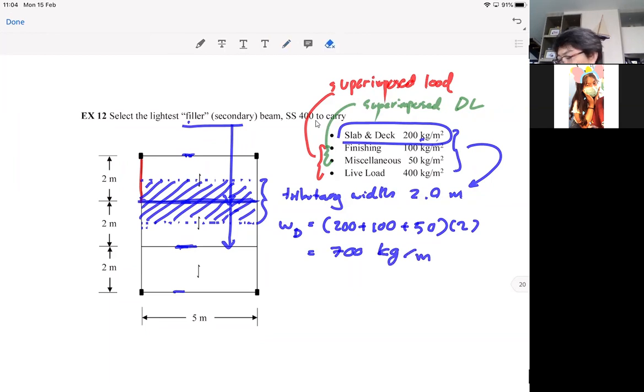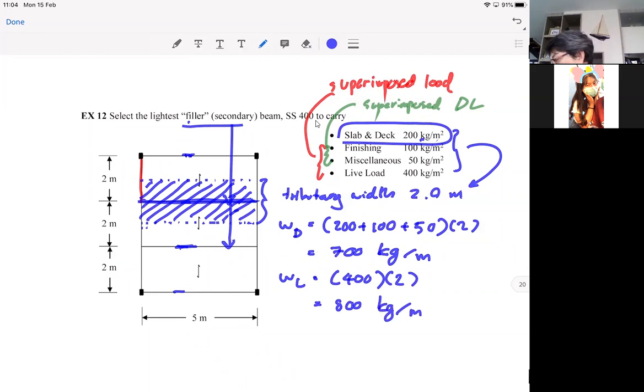Okay, let me erase this. This comes from my hand. And then we have the uniform live load. That is 400, correct? Multiplied by the tributary width of 2. So that gives me 800 kilogram per meter of the uniform load.